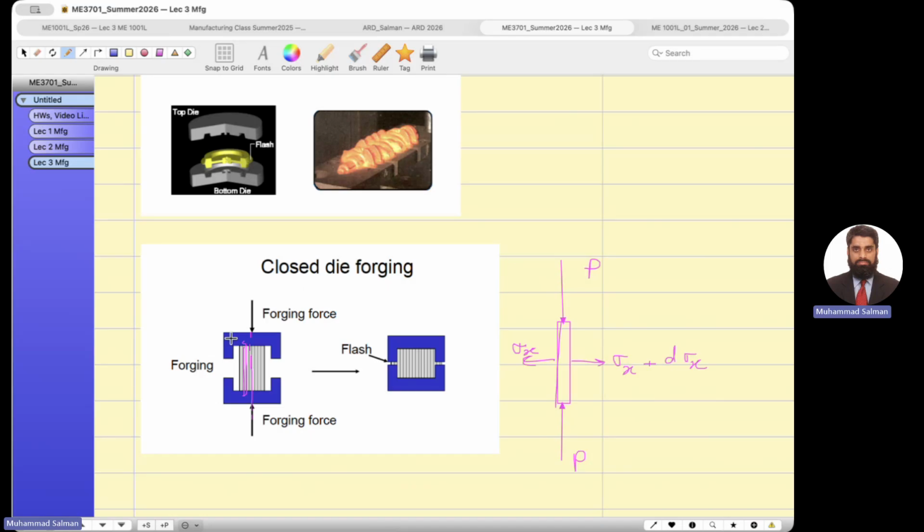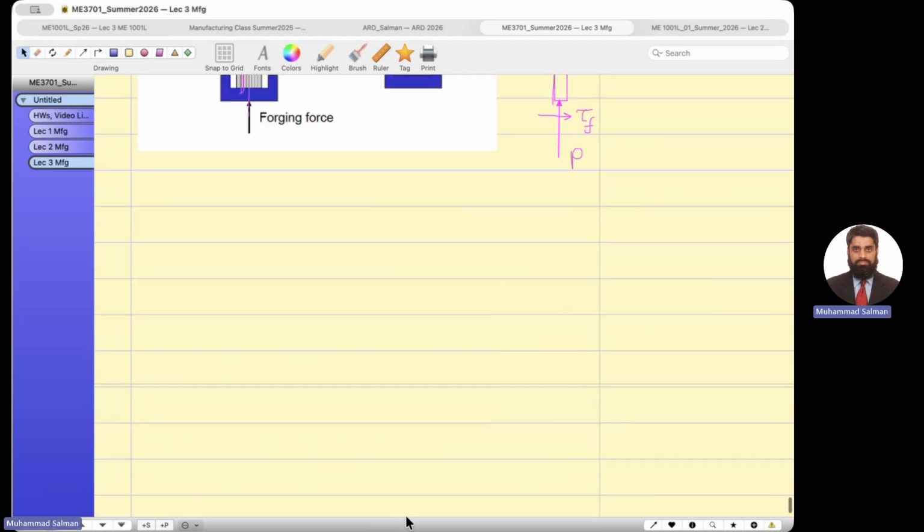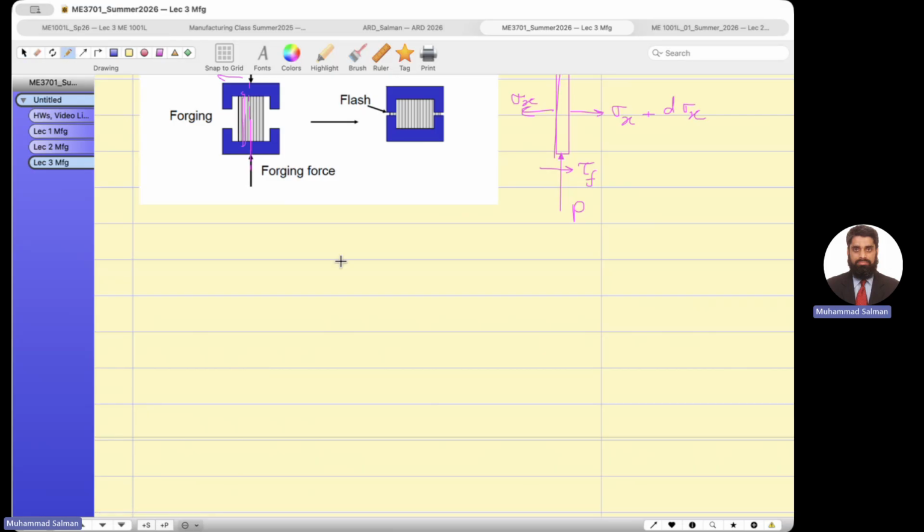and the material on the left hand side, you will tell me the material is moving to the left. Agreed? If the material moves to the left on the left side of the center line, then what is the shear force? To the right, force of friction. What is force of friction? Mu times the normal force. Mu times the normal force.